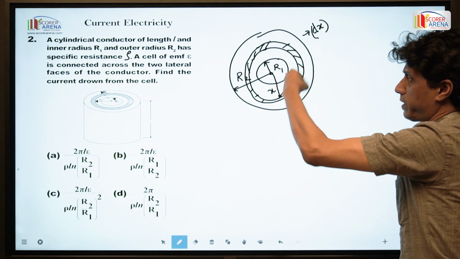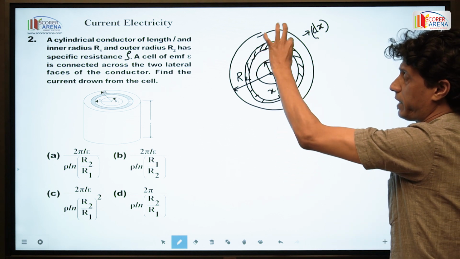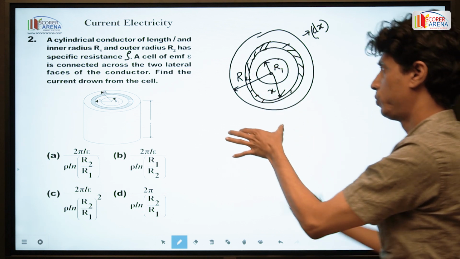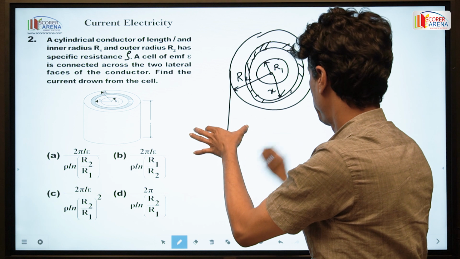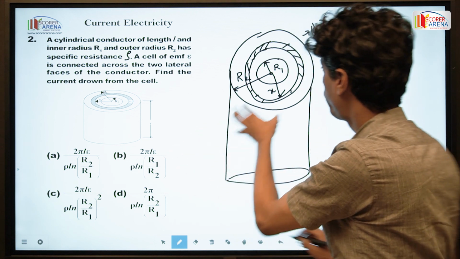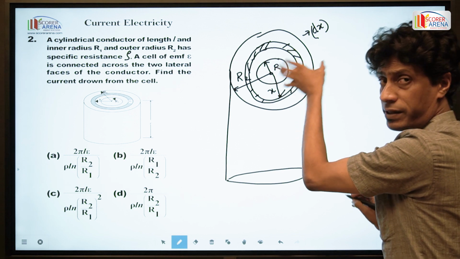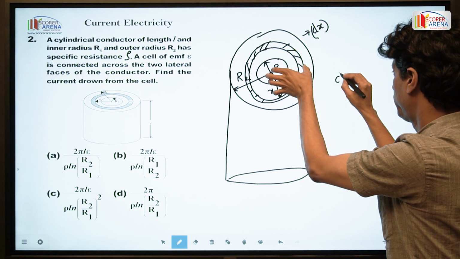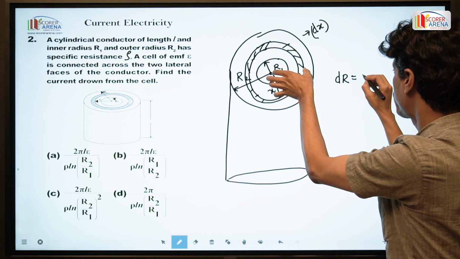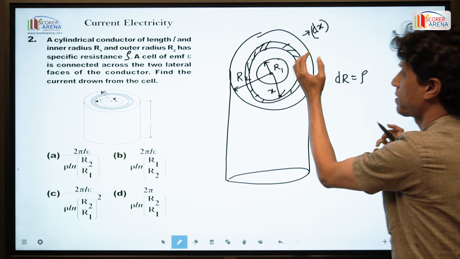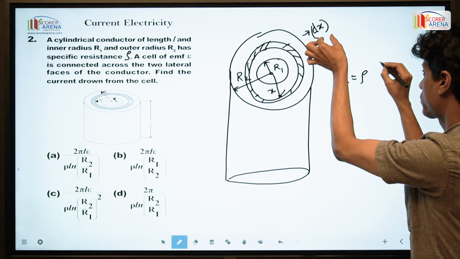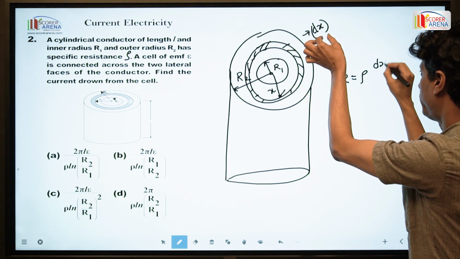So for this thickness dx at radius x, in a cylinder, if we take the resistance dr, this can be written as rho times the thickness of this circular ring, dx, over the area.